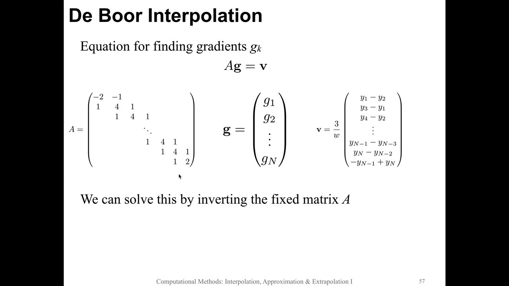we can find G by inverting this fixed matrix A, and again computationally that's easy because the matrix A never changes, so we can calculate its inverse once and once only.